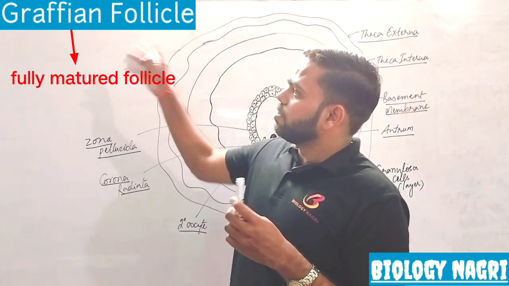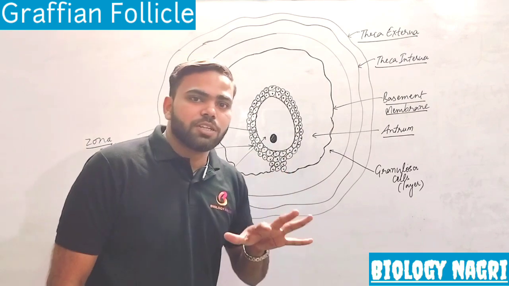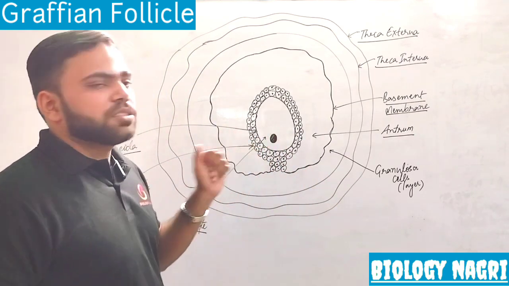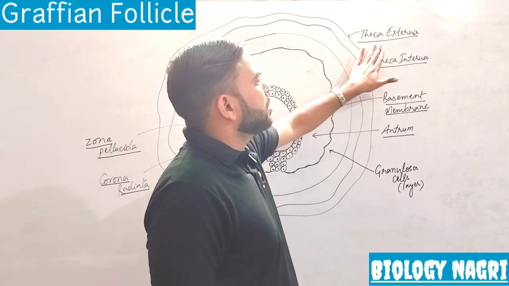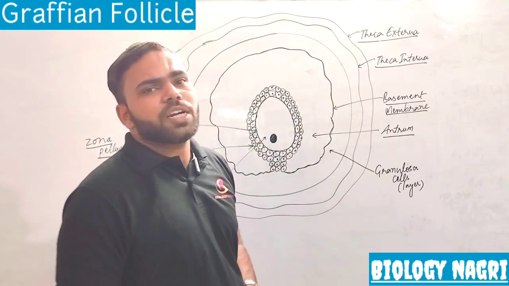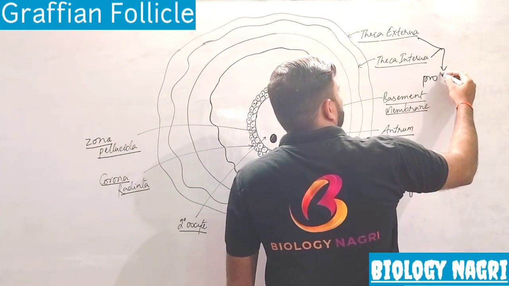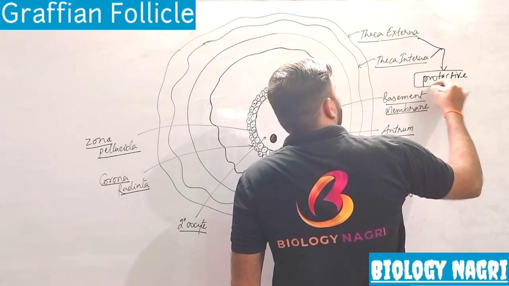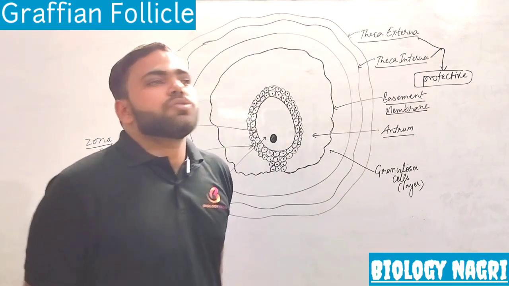See what happened. The Graafian follicle is a fully matured follicle, and in this lecture we are going through the diagram. From outside there are two layers, the theca externa and theca interna. These are the protective layers, and not only do they give protection, they also provide estrogen.